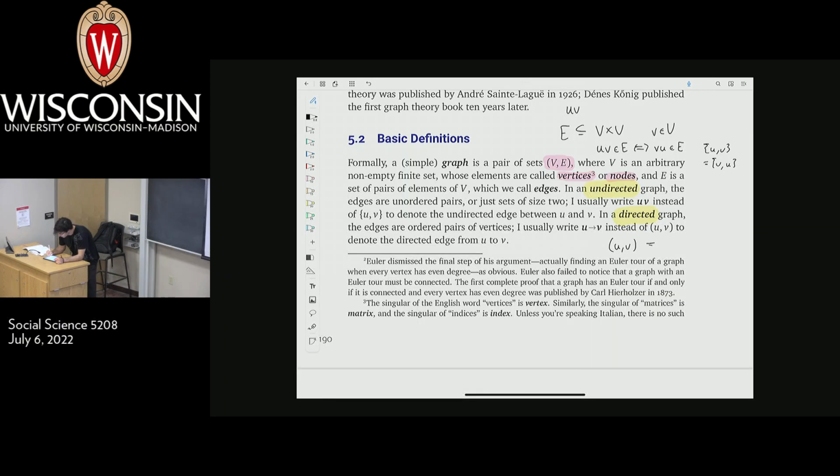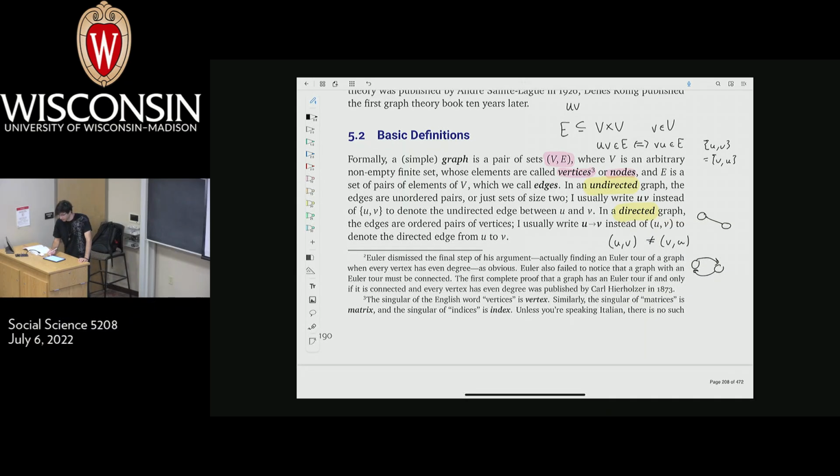And so the pair UV does not necessarily equal the pair VU. So you could separately in a directed graph have two edges, like a little cycle, whereas for an undirected graph, it would just look like that. There's no arrows going both ways. So that's what edges are. That's how they're represented in both cases.